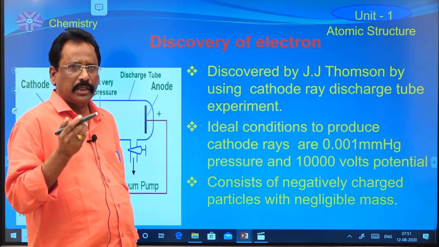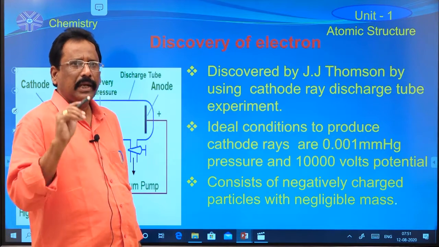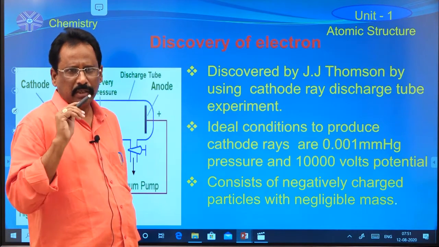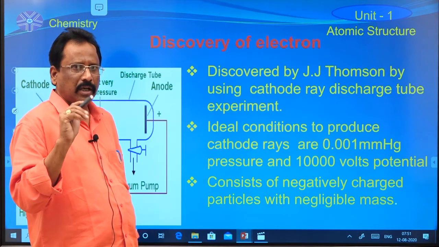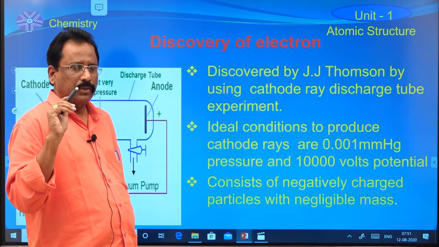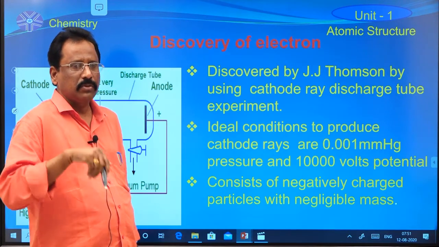That means, according to Dalton's atomic theory, atoms are indivisible and invisible also. Are you following or not? According to Dalton's atomic theory, atoms cannot be further divided, and these atoms are invisible also.